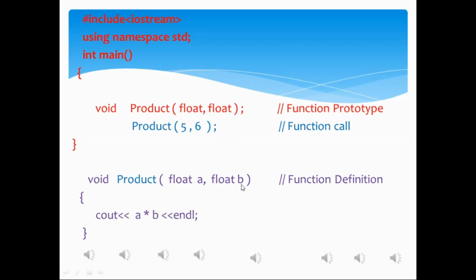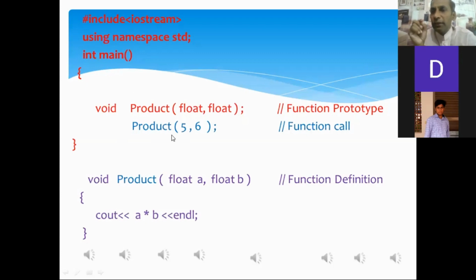Okay, my dear students, Mr. Hassan, can you listen to me? When you compile and run this program, what will be done here? The control of execution will be shifted to the main function.